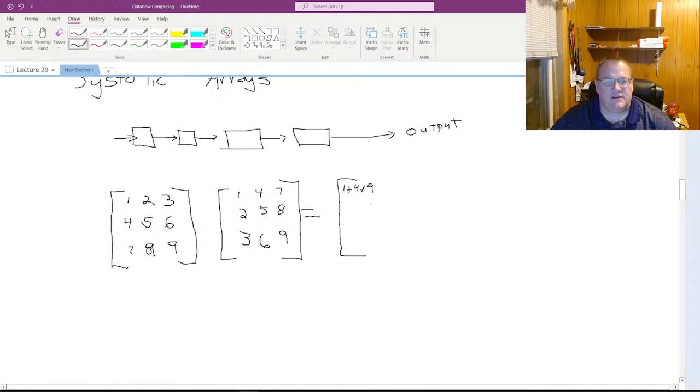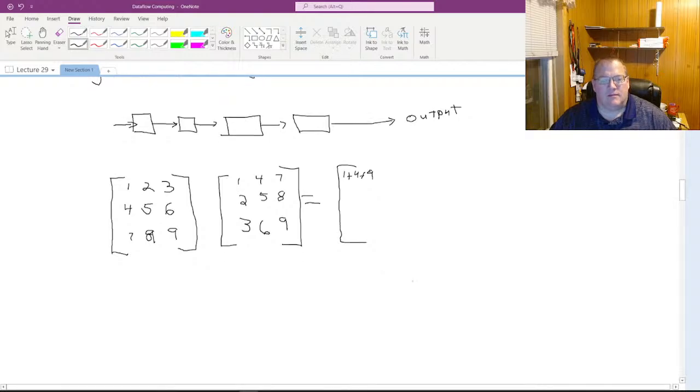So I get a 14 there. Each one of these other ones has 3 parts that it has to do multiplications for, and then adding them all together. So the multiplication would be 3 times 9, or 27. Okay, but it's not that simple, right? Because I have to fetch each one from memory and do all that kind of stuff.